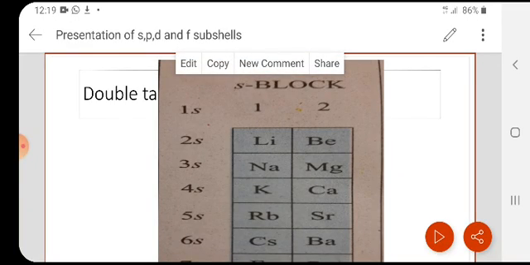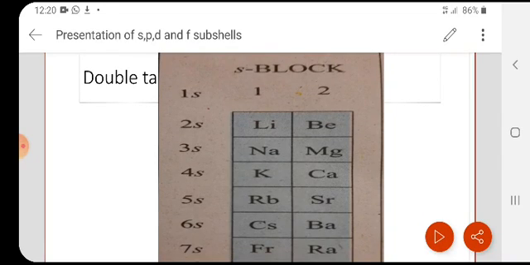There are two groups, group 1 and group 2. Group 1, the alkali metals, and group 2, the alkaline earth metals, which have ns1 and ns2 outermost electronic configuration, belong to the S block elements.